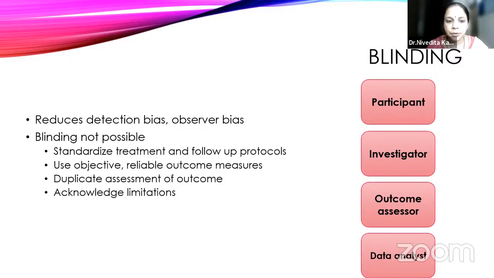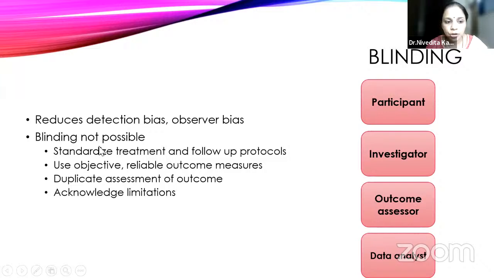If there is a surgical procedure that is being performed as opposed to no surgery or a medical therapy, again, it is very important to blind the participant and the investigator in these situations. So in those situations, at least the outcome assessors, if there is any, and the data analyst should definitely be blinded.